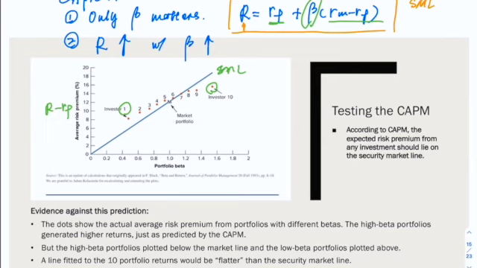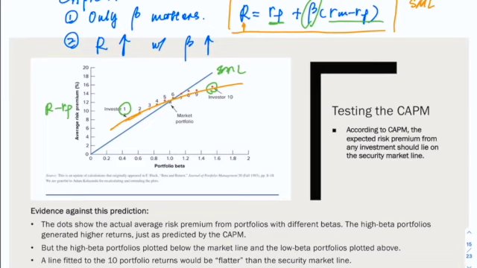If we connect this orange line, it's actually flatter than the security market line, but it's still increasing monotonically, meaning that the higher beta did give the average higher risk premium, although it's not as high as what the security market line describes.